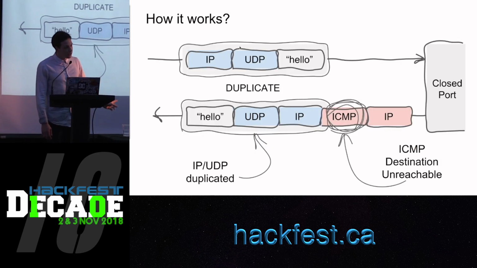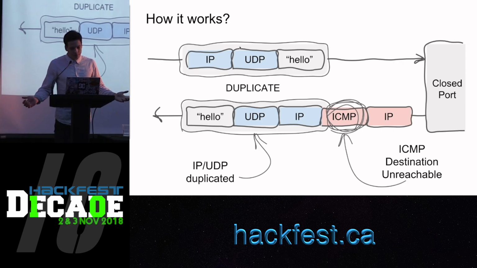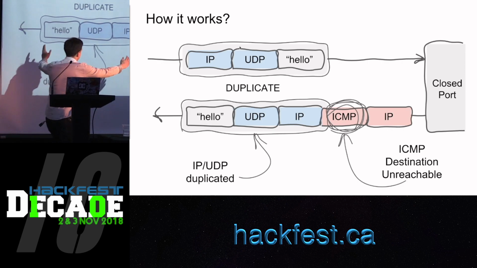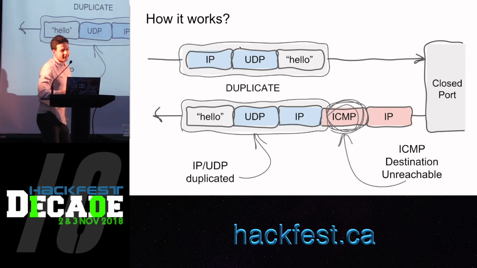In order for the client to not get lost in his own UDP packets, the payload that came from the client is duplicated in the ICMP message. So look at this picture. Nothing changed, it just duplicates. And the direction inside of ICMP is the same as from the client.